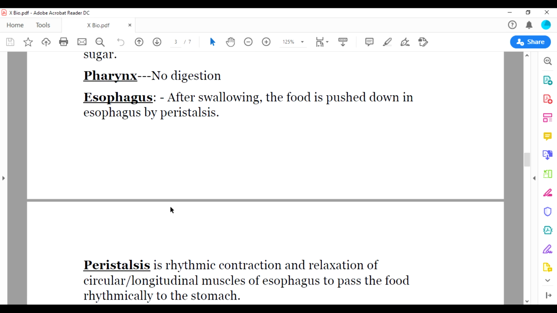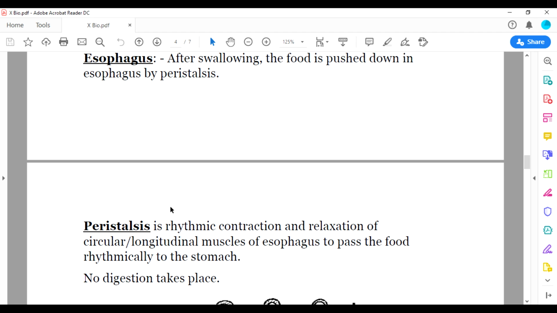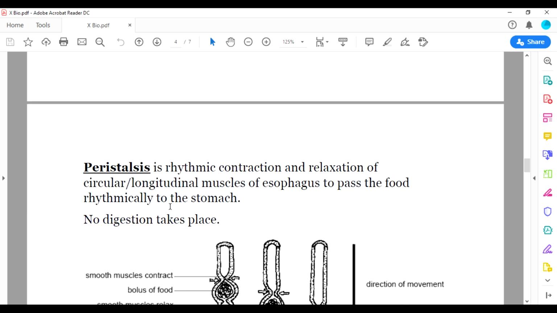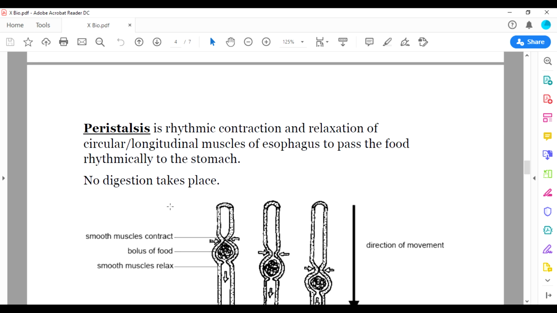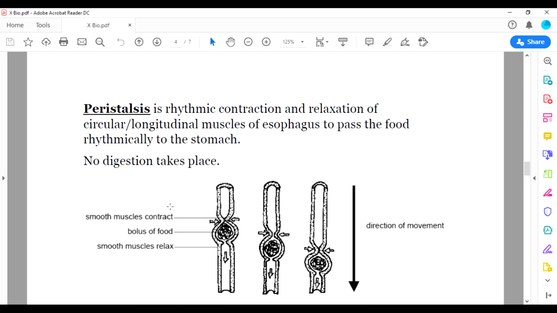When food is swallowed through the esophagus, the esophageal muscles move in a particular manner. Its circular and longitudinal muscles contract and relax rhythmically and allow the food to pass to the stomach in packets.